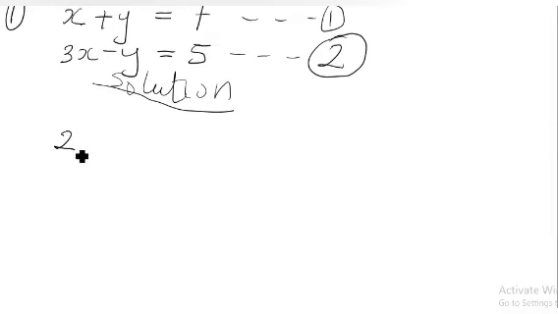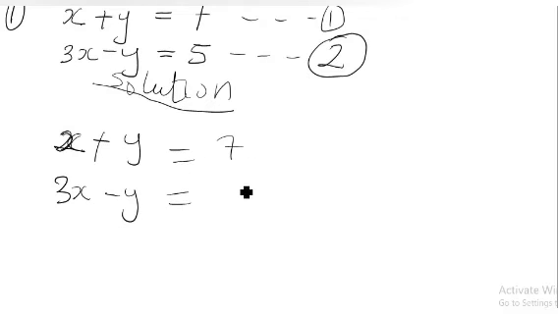Here is x minus y, x plus y, and here is 3x minus y. This is equal to 7 and this is equal to 5. So the coefficients are the same, so we add, because it's addition that can eliminate this.